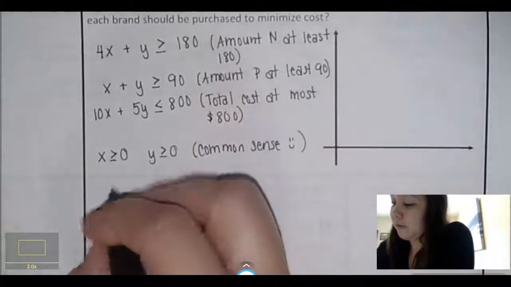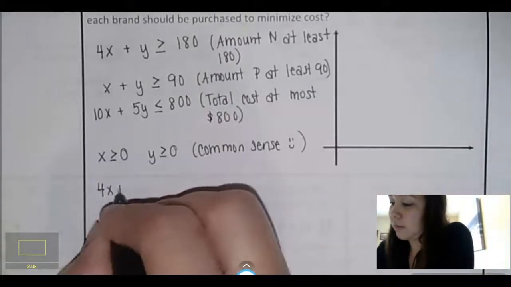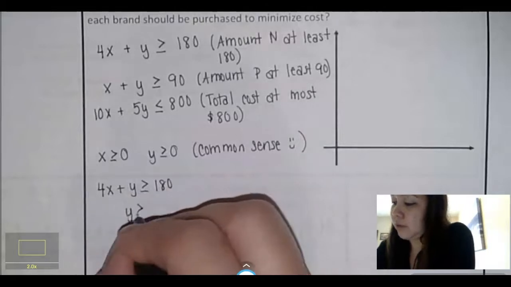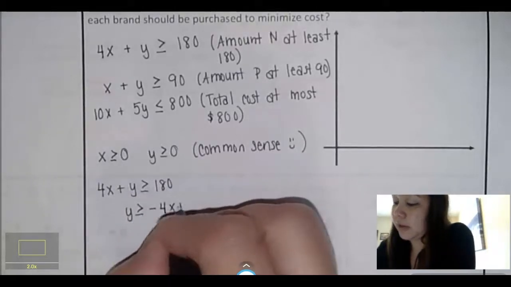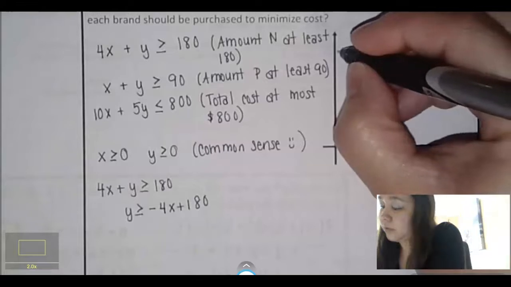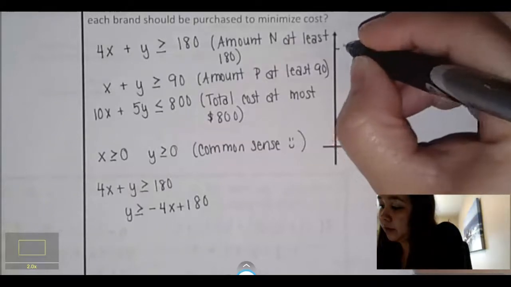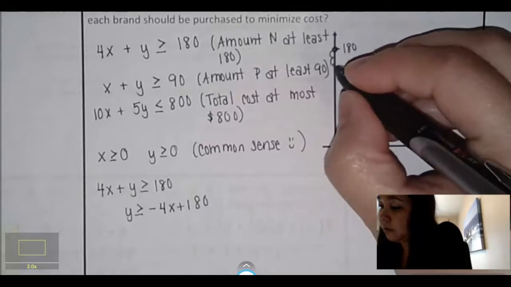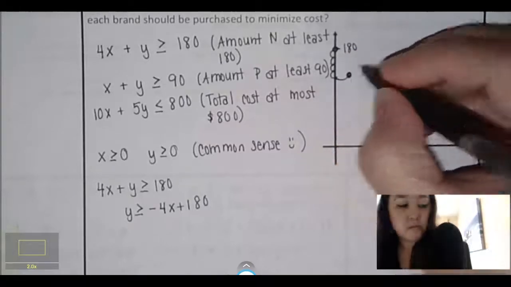Let's take a look at the first one. I've got 4x plus Y greater than or equal to 180. So Y is greater than or equal to negative 4x plus 180. 180 is going to be really high up here. We'll go down 4 over 1.